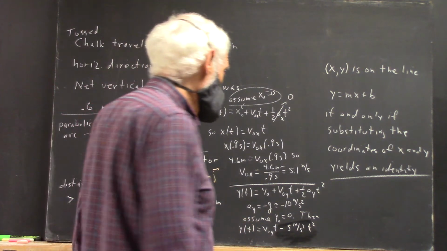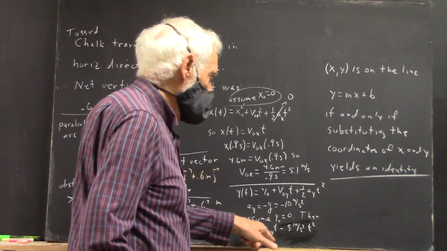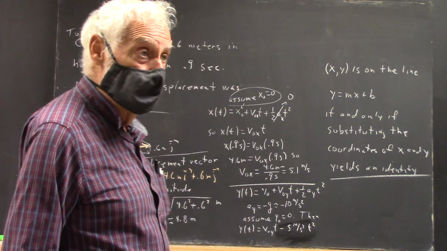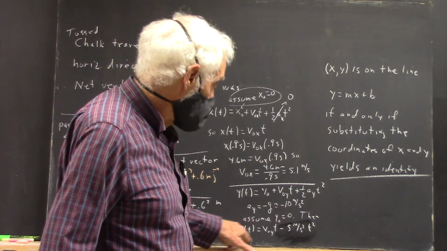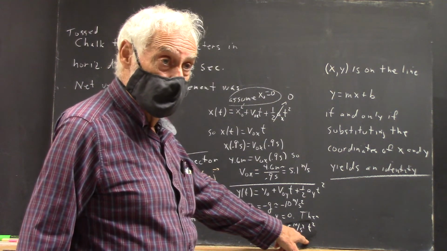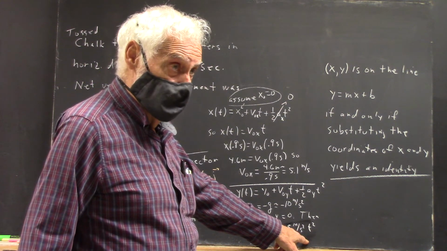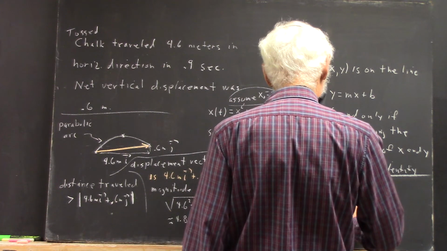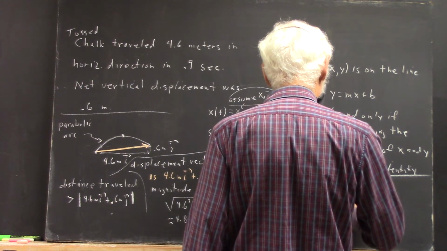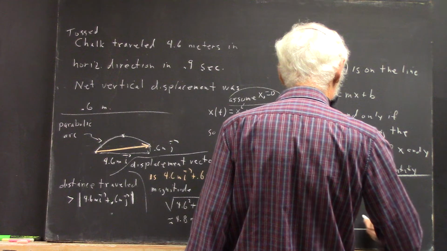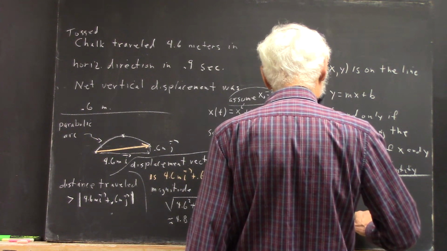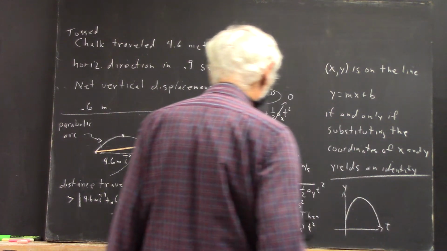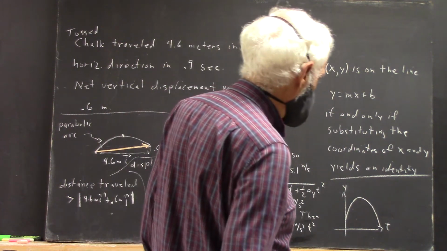Okay? The graph of y versus t, well, this is a quadratic equation with a negative coefficient of t squared, or a quadratic function. Y is a quadratic function of t, okay? With a negative value of t squared, meaning that y versus t has a graph that looks like this.